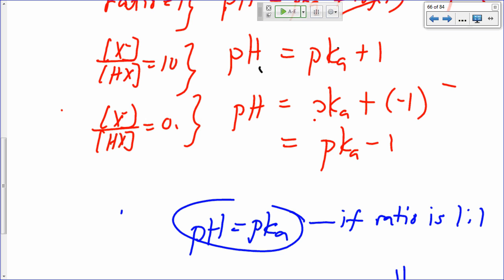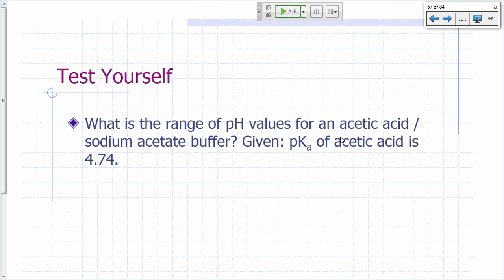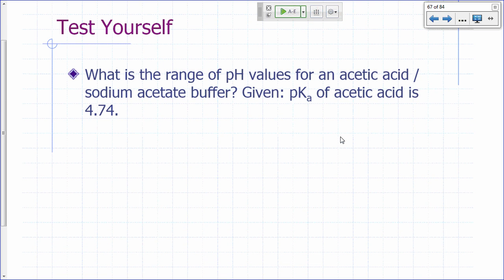All right, so if you know the pKa of your weak acid, then the buffer that you can expect to make from that has to have a pH that's somewhere between pKa minus 1 and pKa plus 1 for it to be a good buffer. It works best that way. So what's the range of pH values for an acetic acid sodium acetate buffer if the pKa of acetic acid is 4.74?